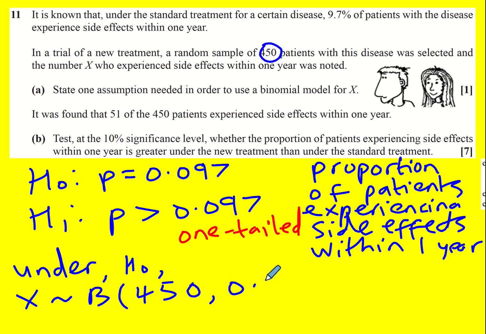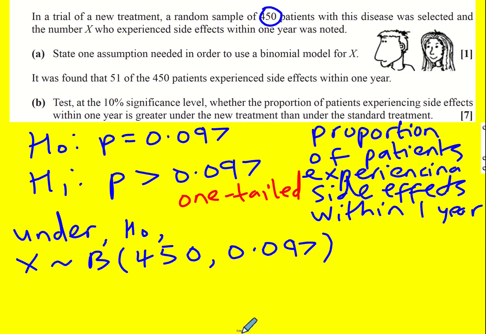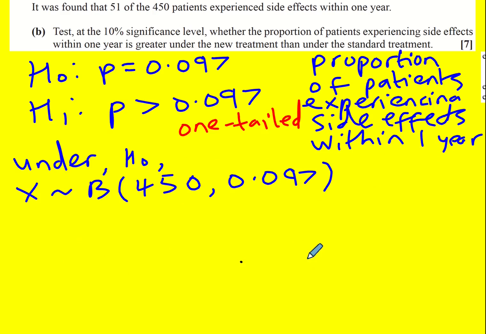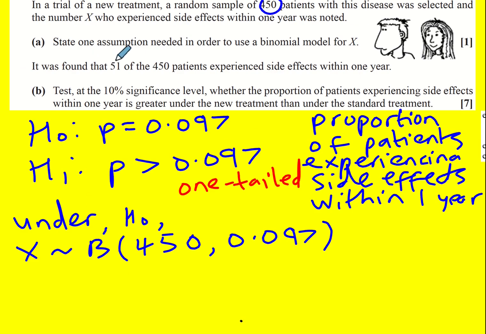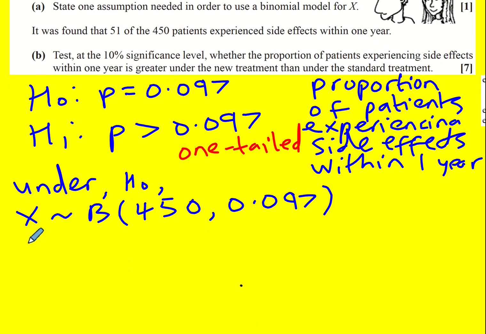So our probability P is 0.097. Now, what we do is we look at the probability that, so it's found that 51 of them were found to have side effects. What we do is we look at the probability, not just that 51 of them have side effects, but 51 or more have side effects.